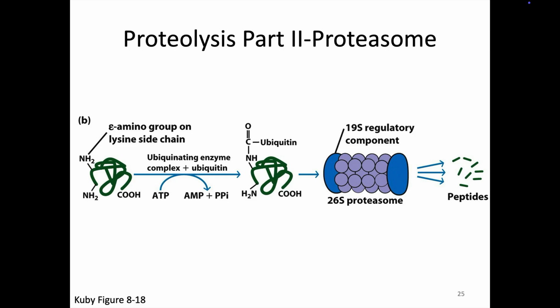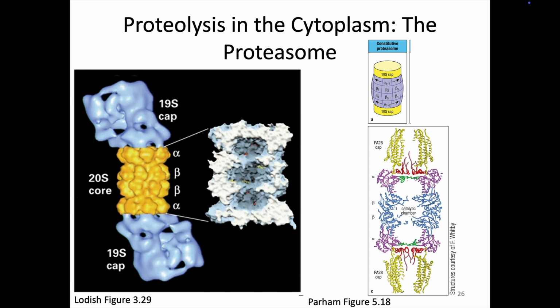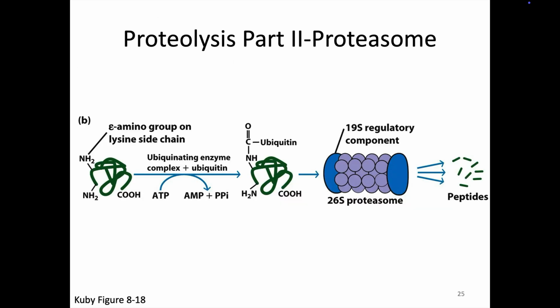I have to tell you a little bit about the structure of the proteasome and exactly how it works. And so here you can see other examples of the proteasome. If you look in this previous figure, it shows the proteasome as having little rings of purple circles and then a blue thing on either end.